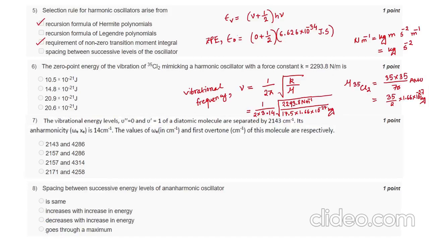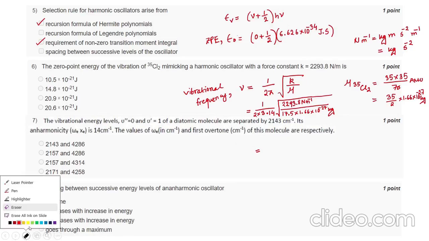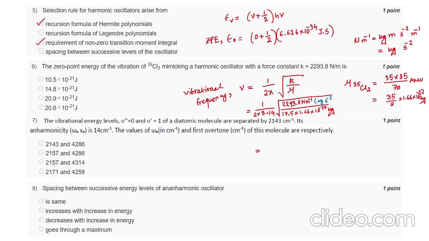So as you can see, it can be written as kilogram second minus 2, right? I am writing this unit so that you get a better idea, right? So I will calculate this value and let you know.